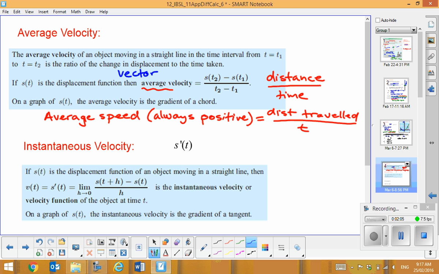A negative velocity. No, I'm not talking deceleration yet. We are just talking about how fast I am going, and I want to differentiate between going fast to the right or fast to the left. The positive velocity means I'm moving in the positive direction, and negative means I'm moving in the negative direction.